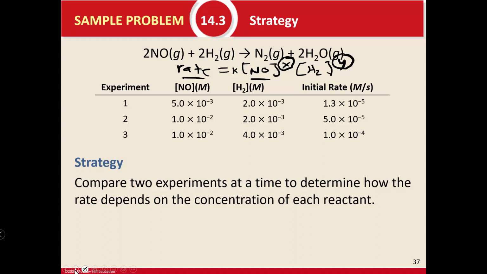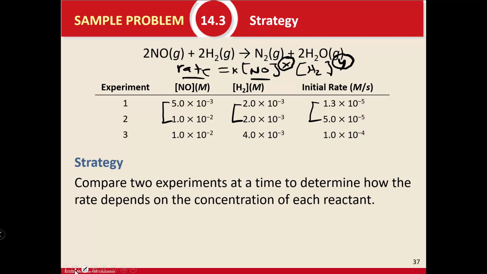I would look at this right here. We can see that nitric oxide is changing. Hydrogen is held constant. So any change in the rate of the reaction is due to the nitric oxide concentration changing.